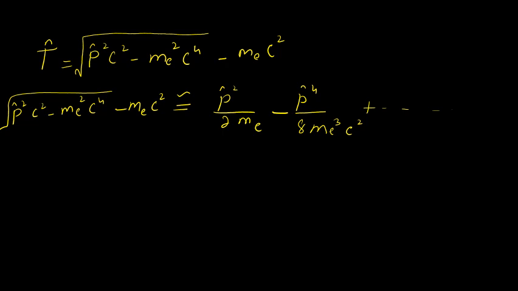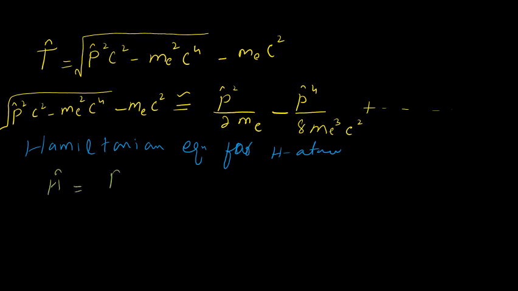So when we include these values into the total Hamiltonian of the hydrogen atom, I can write the Hamiltonian equation for the hydrogen atom: H is equal to P² divided by 2Mₑ minus e² over r minus P⁴ divided by 8Mₑ³C².